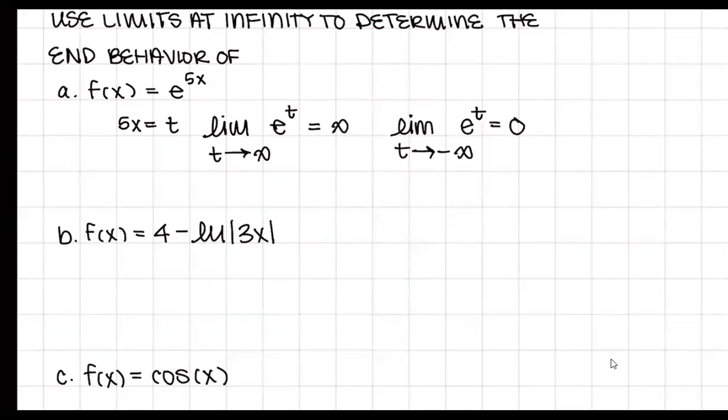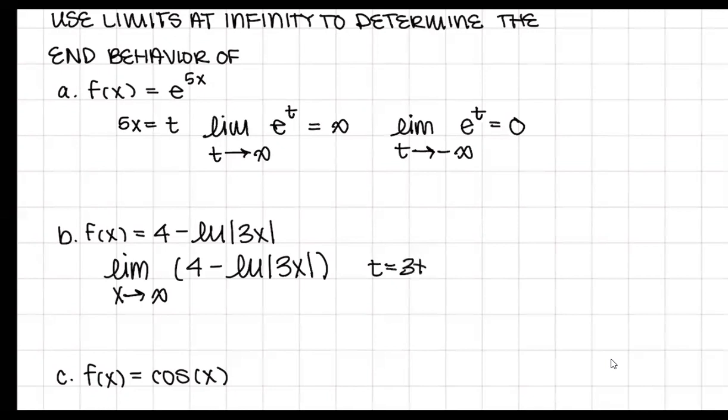So next we're interested in the limit of the function 4 minus the natural log of 3x. So, the limit as x goes to infinity of 4 minus the natural log of 3x. Again, we can just call t equal to 3x and take the limit as t approaches infinity of 4 minus the natural log of t.